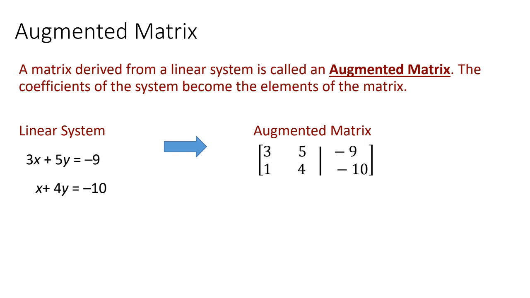Then for line 2, again, I'm only going to grab the coefficients of the variables. Here x is 1, so this 1 is in row 2, column 1, which would have a suffix of 2, 1, right? The 4 for the y would be in row 2, column 2.